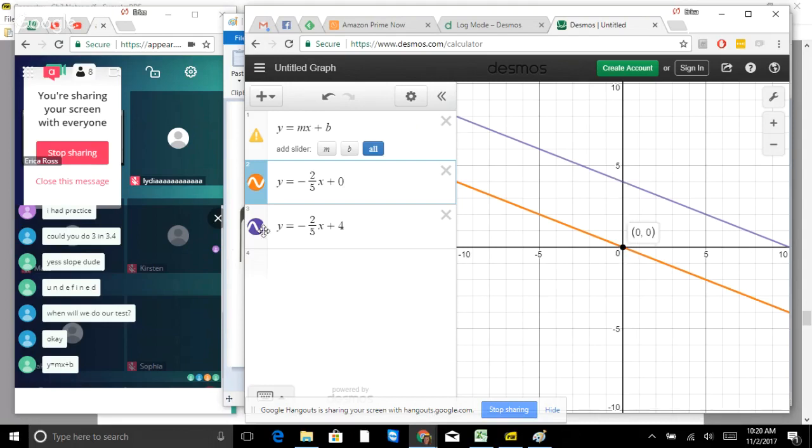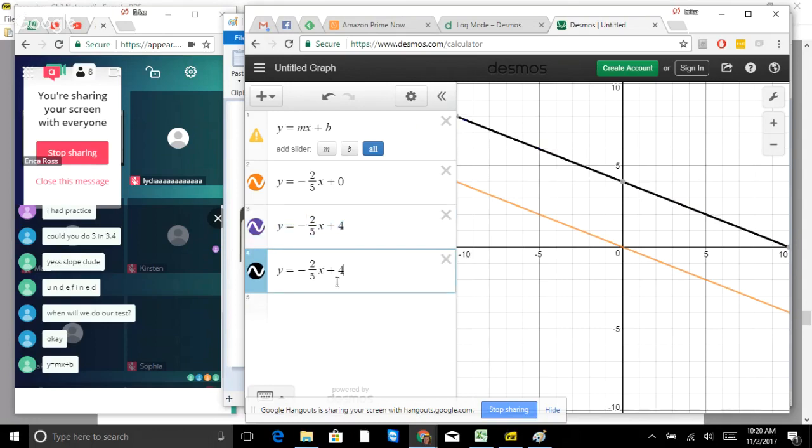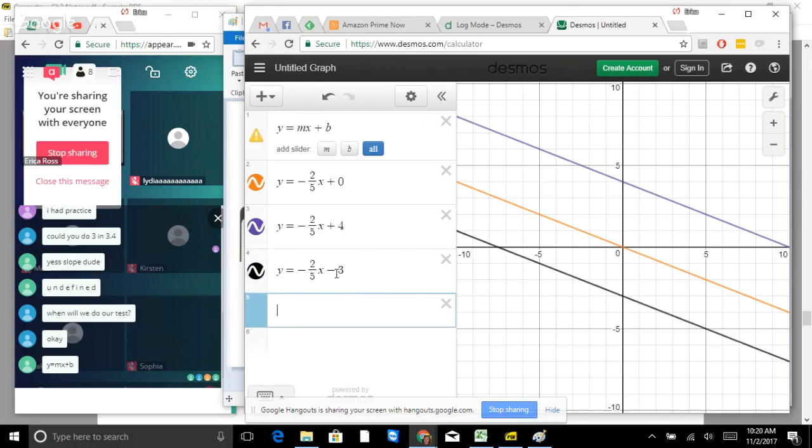When I look at my purple equation, right, I have +4. So my y-intercept is at y equals 4. It's right here on my graph. Okay, if I take the same equation and I put a y-intercept of -3, this black equation has a y-intercept at -3.